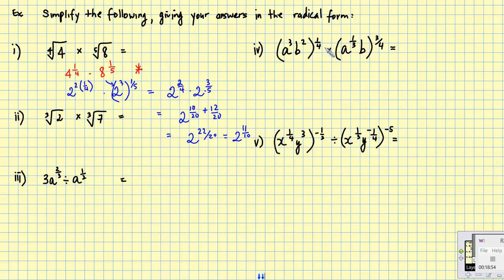My next example, we're almost done here, would be to do a power to a power. So I can do a to the 3/4, b to the 2/4, and that would be multiplied by a to the 3/12, b to the 3/4.